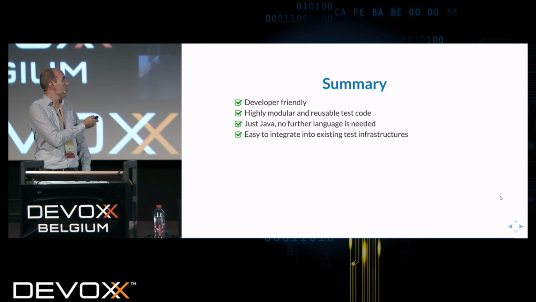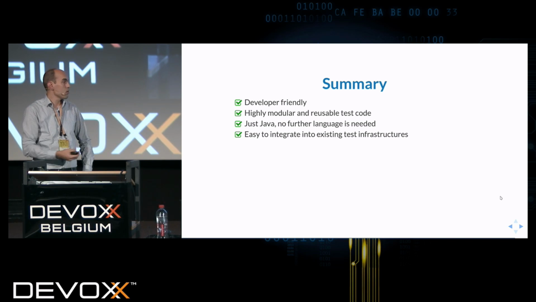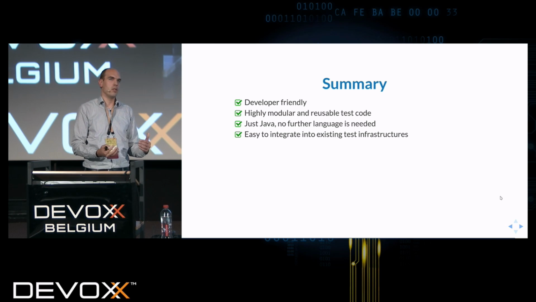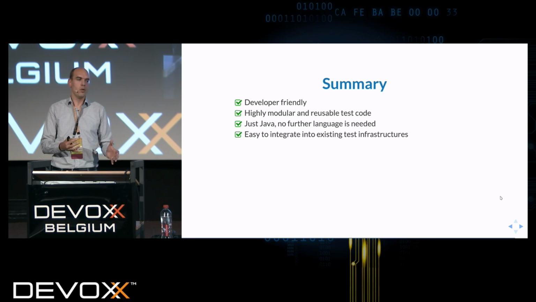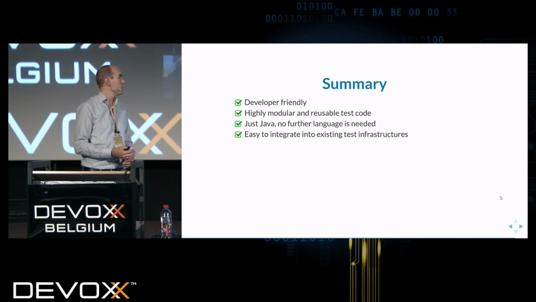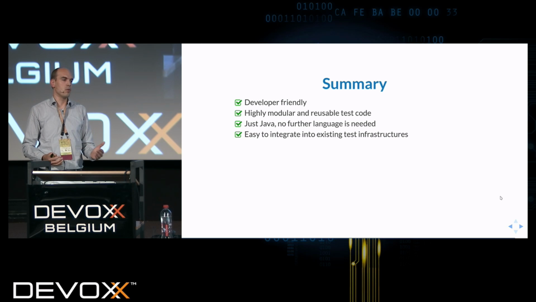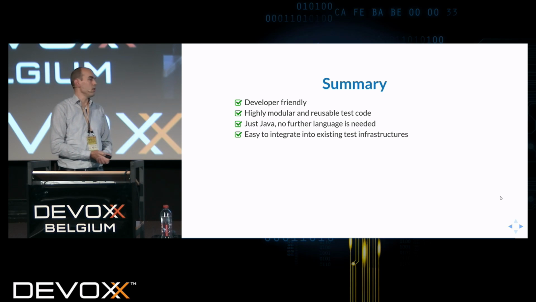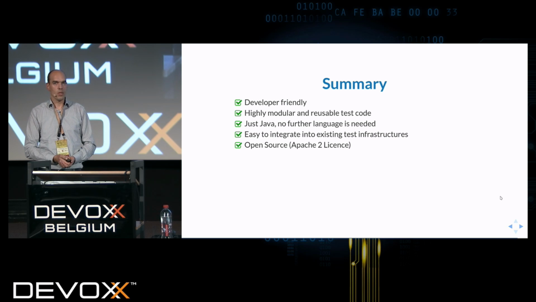You can easily integrate it into existing test infrastructure because it works with JUnit and it works with TestNG. You just add the new library and you can start migrating the tests. I've shown you that you can even partially migrate your tests, and that's really a nice way, if you have legacy tests, to move to the BDD approach.